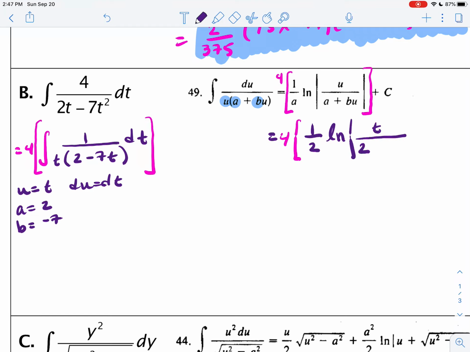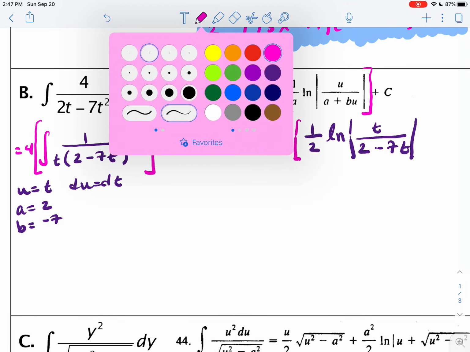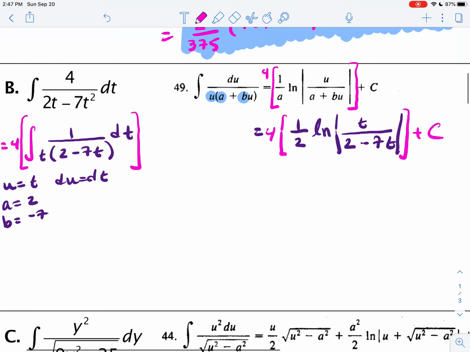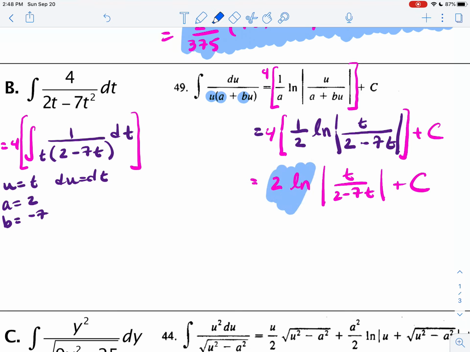The value of u is t, a is 2, b is minus 7, and u is t. We complete our absolute value and our multiplication, and we have plus c. So our final answer here would be 2 times the ln of t over 2 minus 7t plus c.